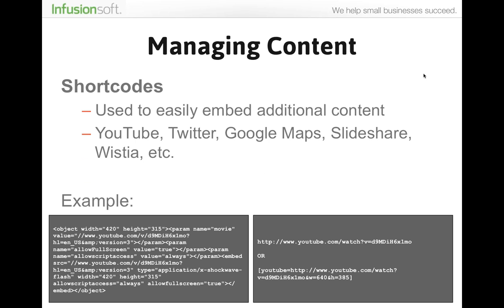So what we can see on the left side here is a YouTube video, and on the right side is also a YouTube video. And what you want to think about with shortcodes is which is easier. I personally like to look at and deal with the situation on the right versus the one on the left.